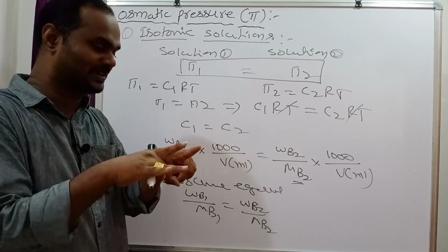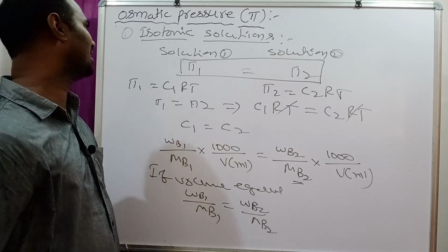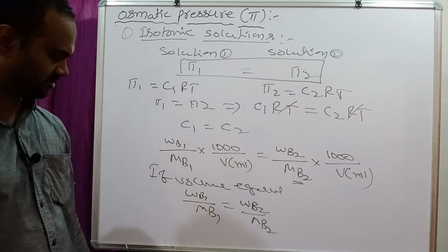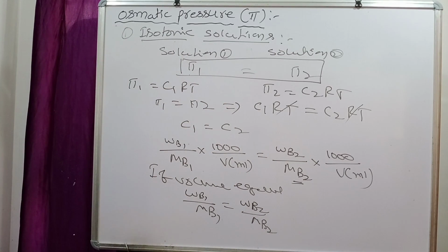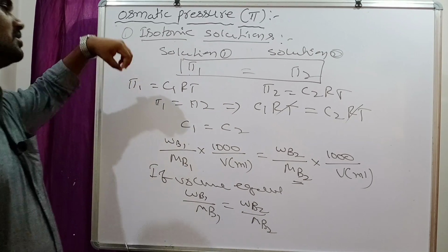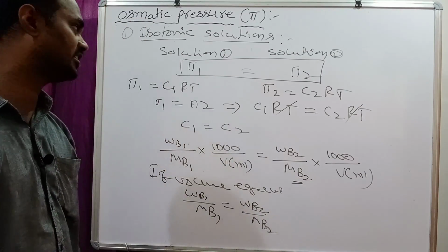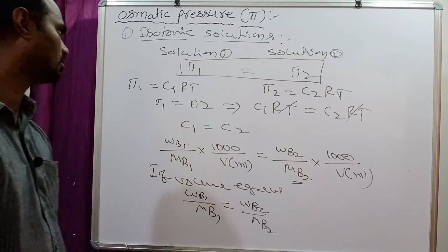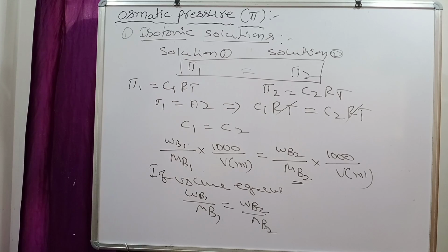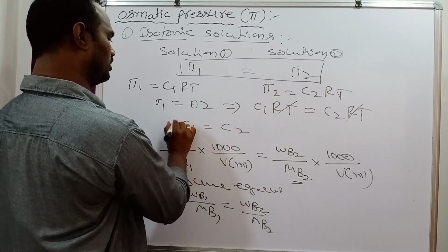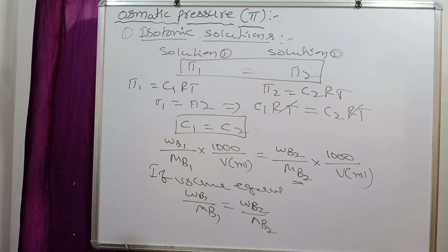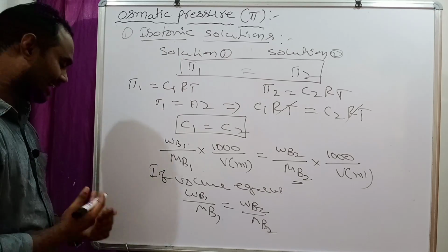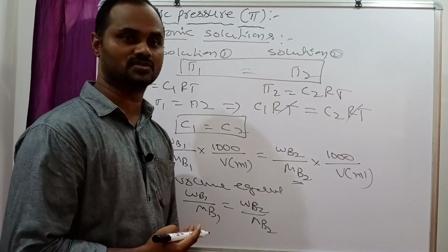By using osmotic pressure comparison, we can calculate the molar mass of the unknown solute. Isotonic means the two solutions have the same osmotic pressure at constant temperature. Pi 1 equals pi 2, therefore C1 is equal to C2.